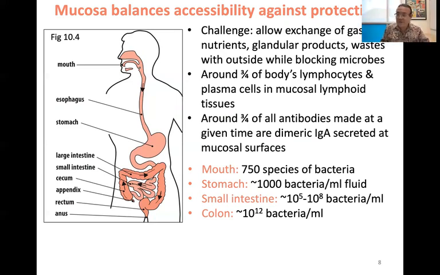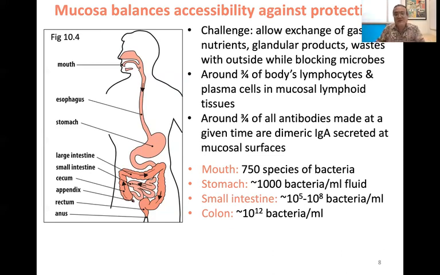But at the same time, as I mentioned before, pressed up against these mucosal layers are massive numbers of pathogens like bacteria, viral particles, and other potential antigenic signals that come from the outside. So how does the immune system deal with these 2 separate challenges?